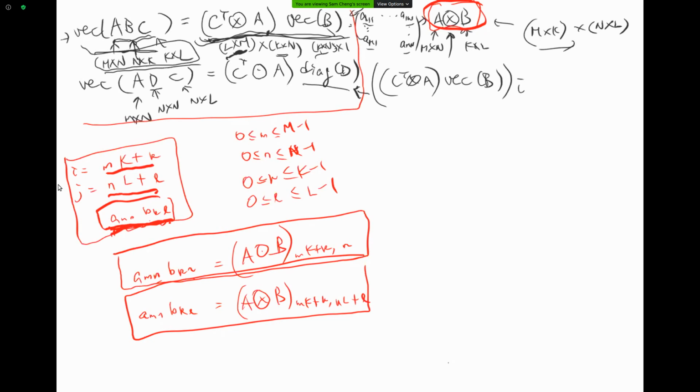This product here, I will have a sum over, let's say j, of (C transpose times A) at ij, times vectorized B at j, B_j here.